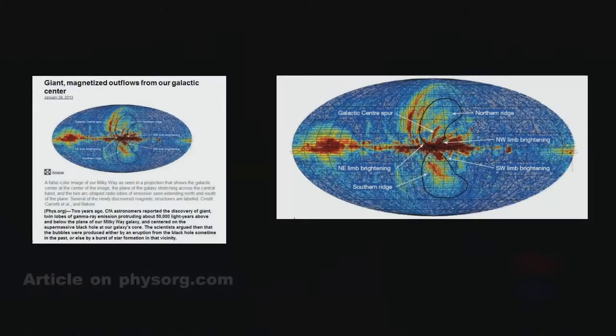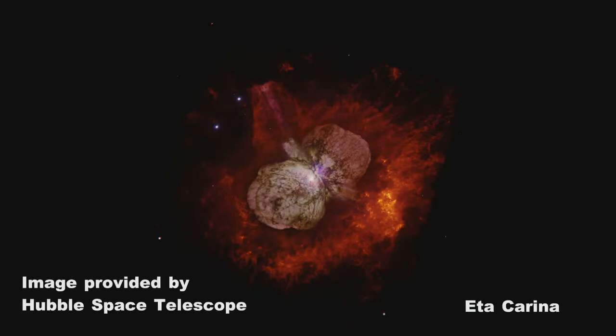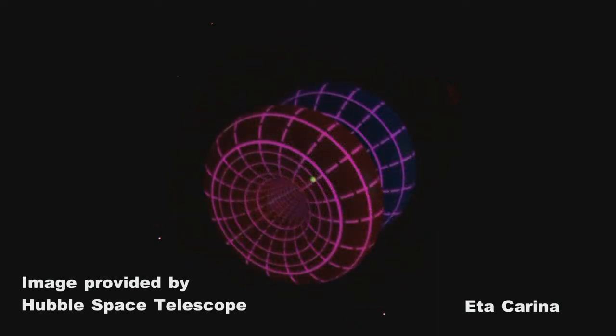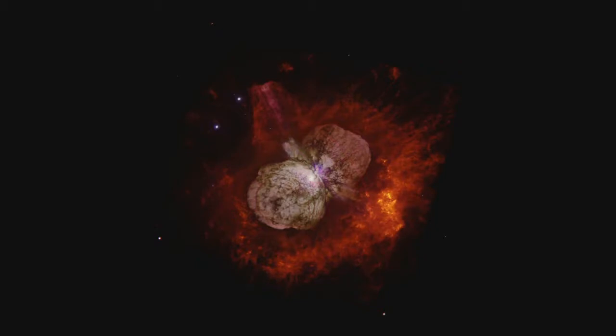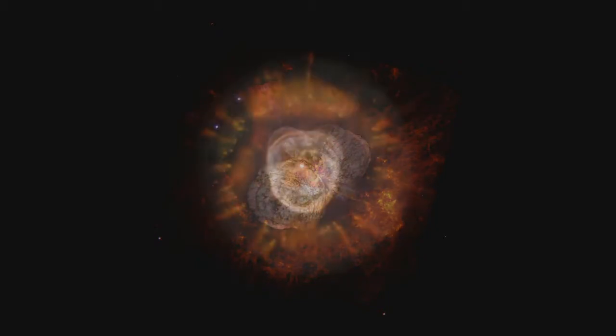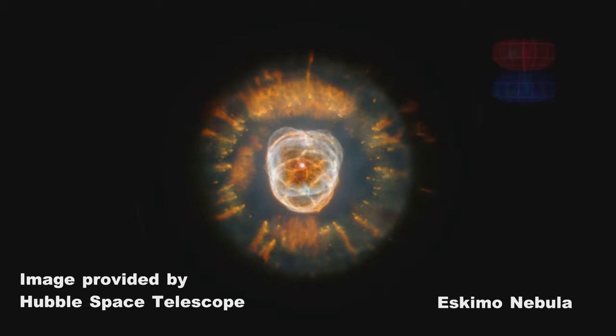Then we have this new study that I just received this morning, which also confirms the theories presented in the Primer fields. The magnetic nature of our universe is undeniable. The formation of Eta Carinae is no longer the mystery that it once was. The Eskimo Nebula is also easy to understand once you realize that it too is formed by bowl-shaped magnetic fields.